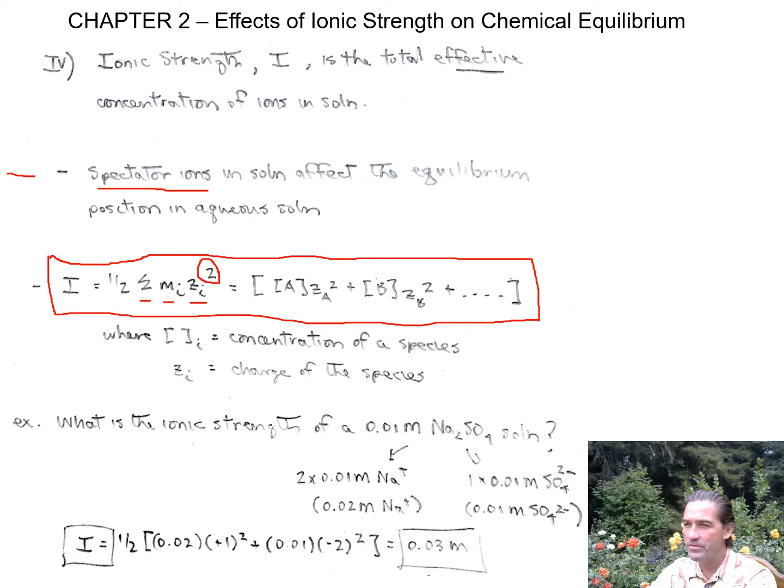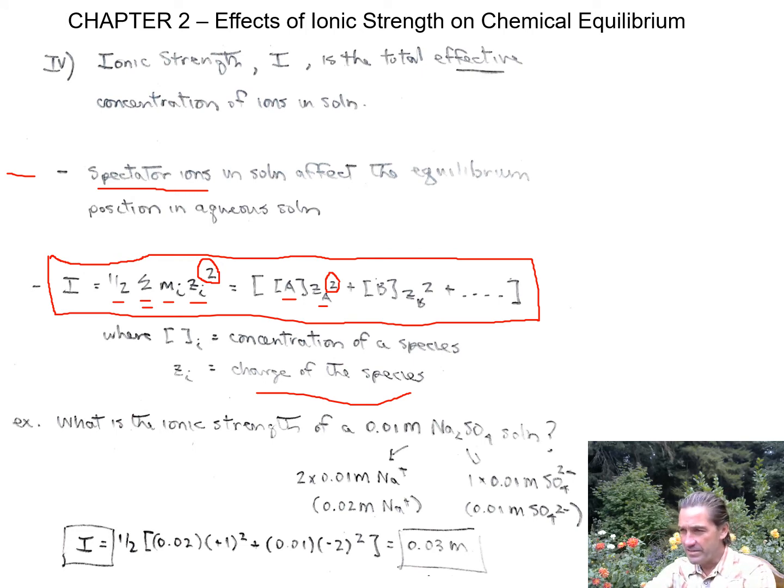We sum them up, and then once we've done that, we multiply by 1/2, or divide by 2. So these are the concentrations, Z is the charge of the species, and the charges again are squared. So we add all those up, we divide by 2. I will, on your midterm exam, ask you to calculate the ionic strength of a solution.